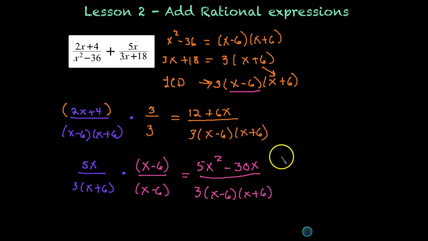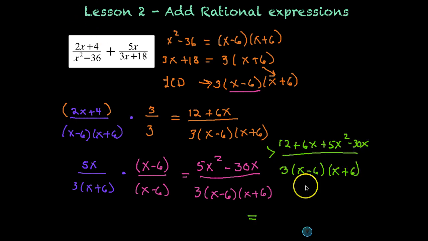Now we are ready to add our numerators together. So let's go ahead and write them. We have 12 plus 6x plus 5x squared minus 30x all over our common denominator. And if we go ahead and add these together, our like terms, we have a plus 5x squared that can't be combined with anything.